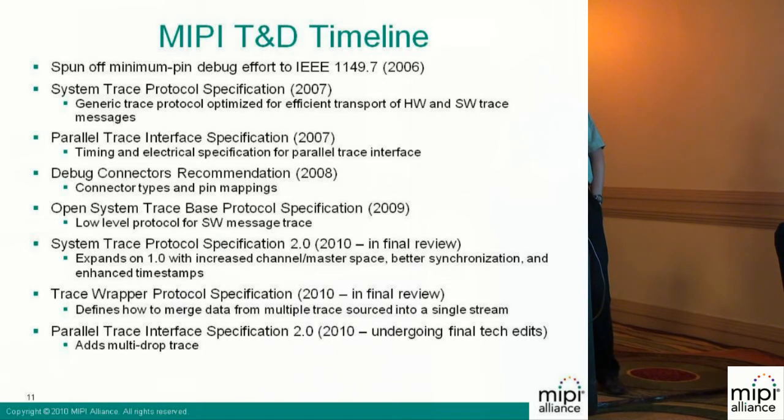This is actually approved by the board as of last Friday, but these slides were in before that approval came in. And the trace wrapper protocol specification, the TWP, was also approved last week. And this year we also expect an updated version of the PTI 2.0 to be released.